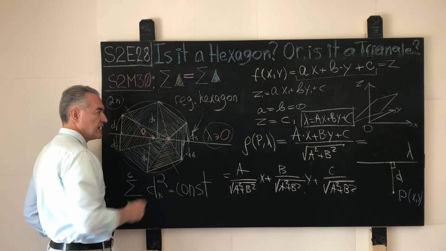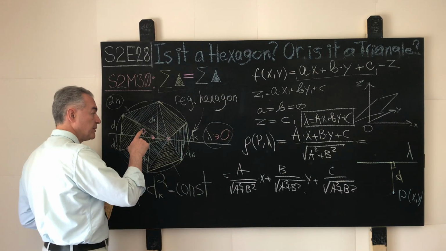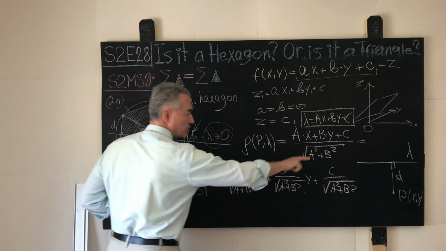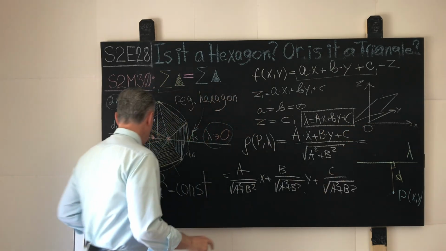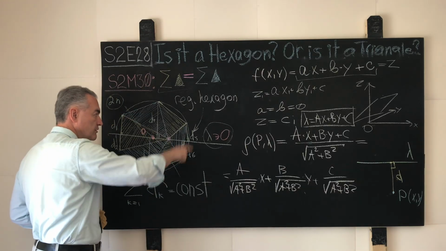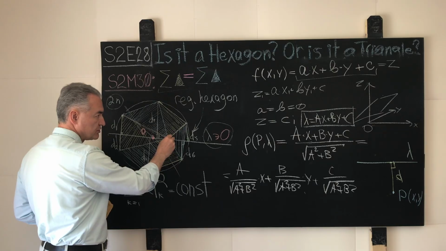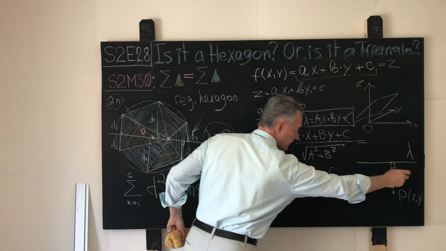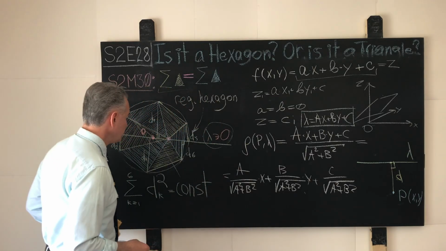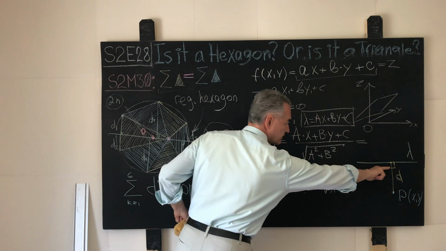In the next segment, in these few minutes, we will show that if we pick the center of our proverbial XY coordinate system to be the center of our regular hexagon, then the point P chosen at random will be precisely this point with certain coordinates x and y, and each side can be represented by a corresponding straight line lambda.